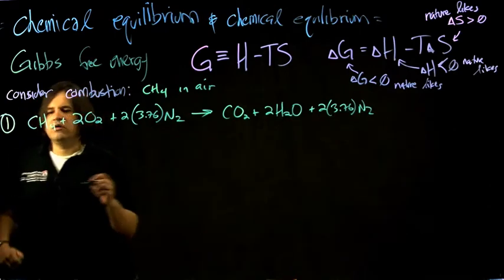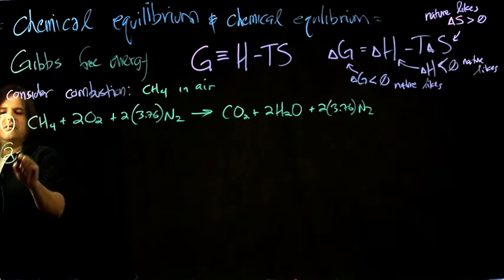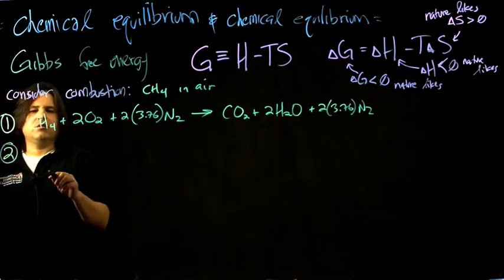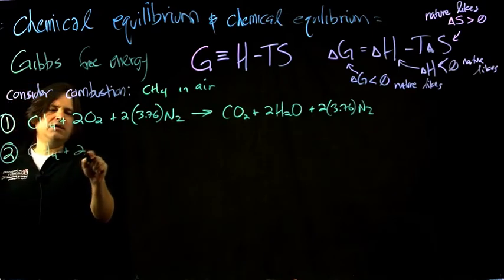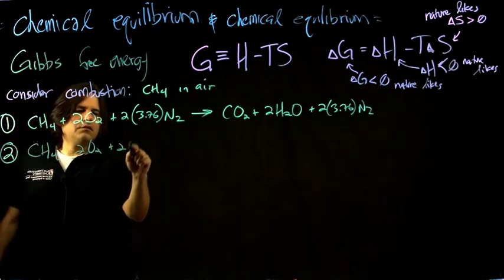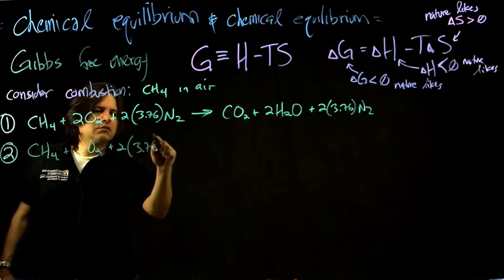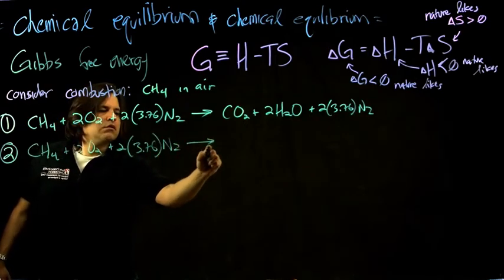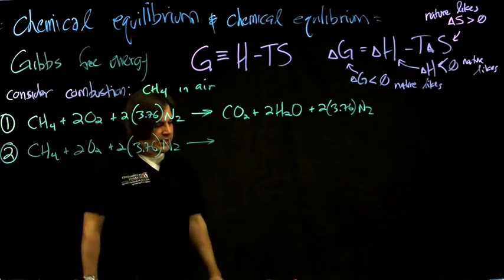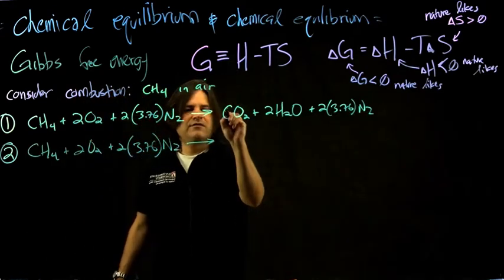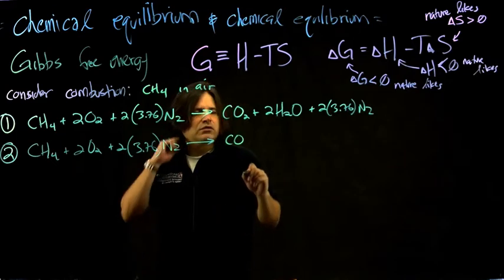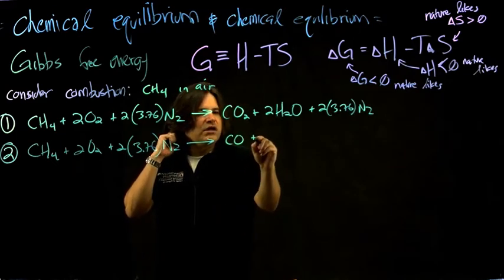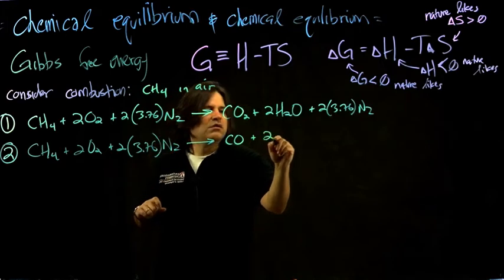What we do observe in real life combustion, accounting for the details of the thermodynamics, is that if you were to burn methane in air, another pathway that can happen would be that you would not fully oxidize this to CO2, and you would not fully oxidize this to H2O.